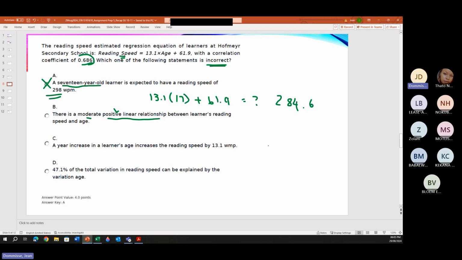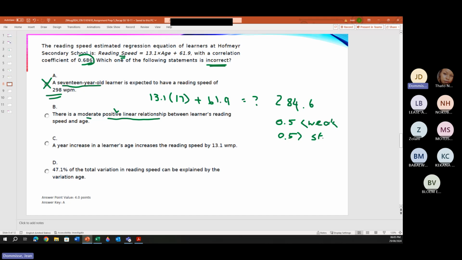Some textbooks say if you are below 0.5, it is weak, and if it is more than 0.5, it is strong.